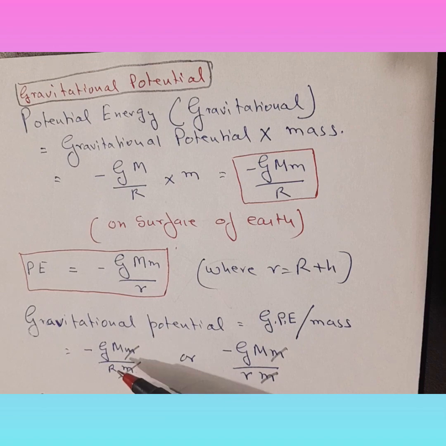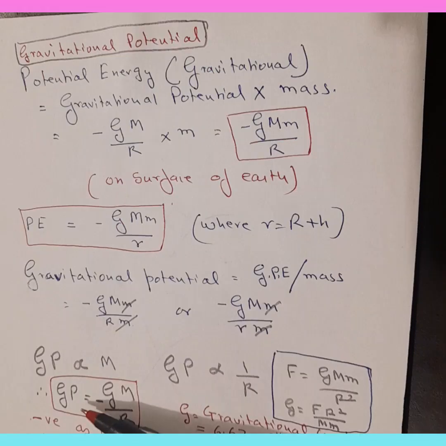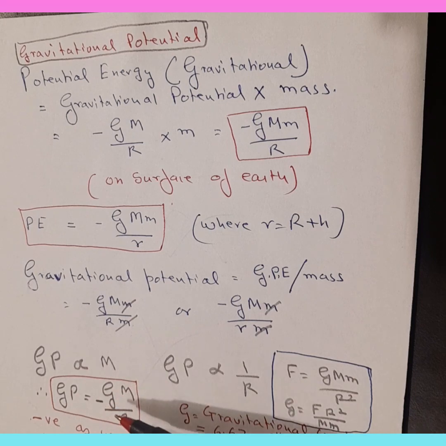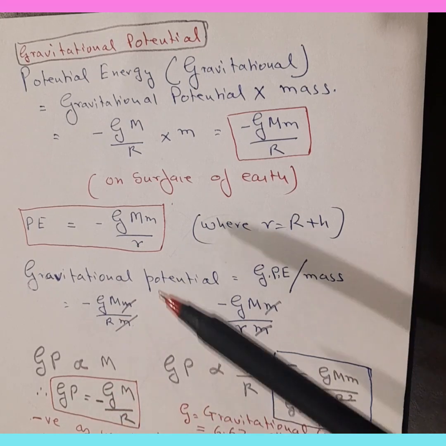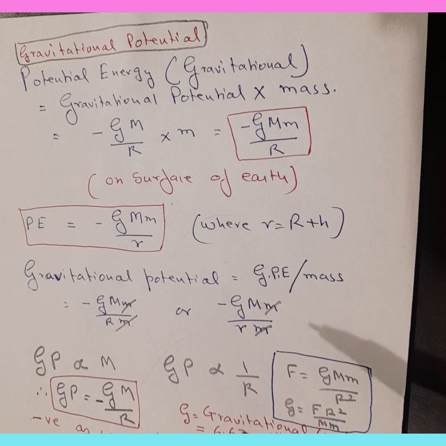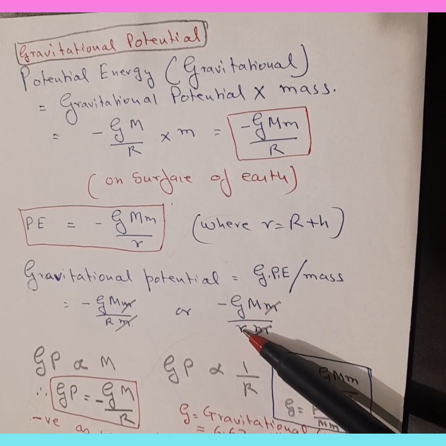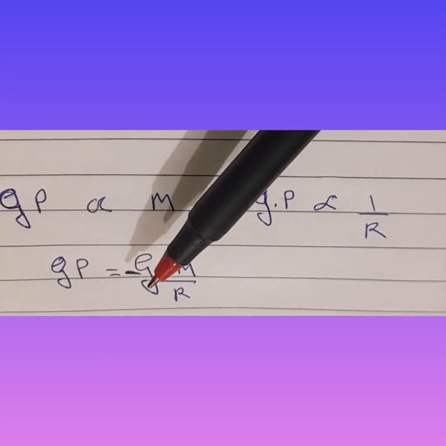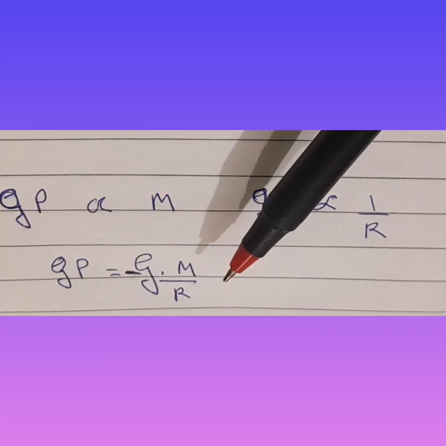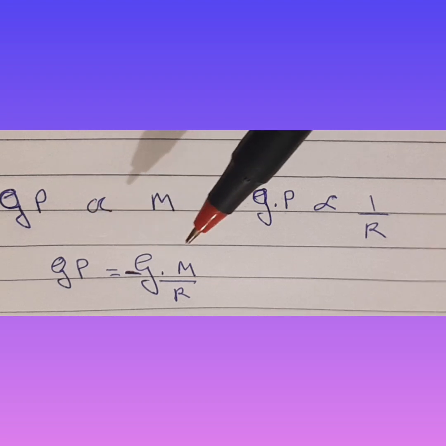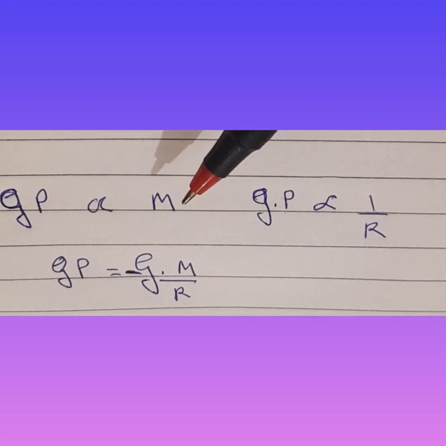So ultimately what we end up with is the gravitational potential formula being minus GM upon capital R, or minus GM upon small r. Now the formula Gp equal to minus GM upon r can also be derived this way. Gravitational potential is directly proportional to the mass of Earth.